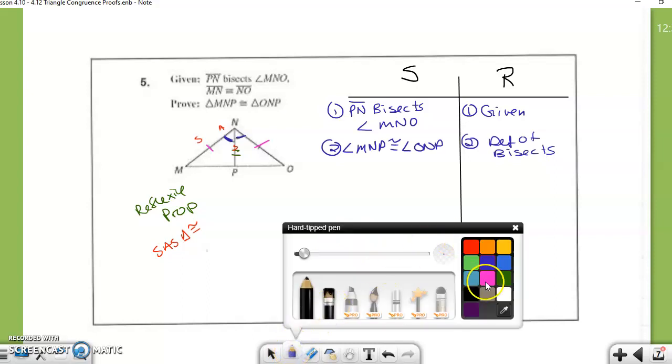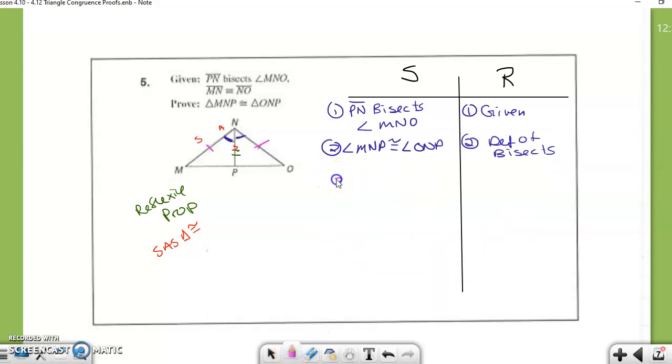Okay, so I've got those congruent angles now. Going back to my given, that MN is congruent to NO. That was given information.